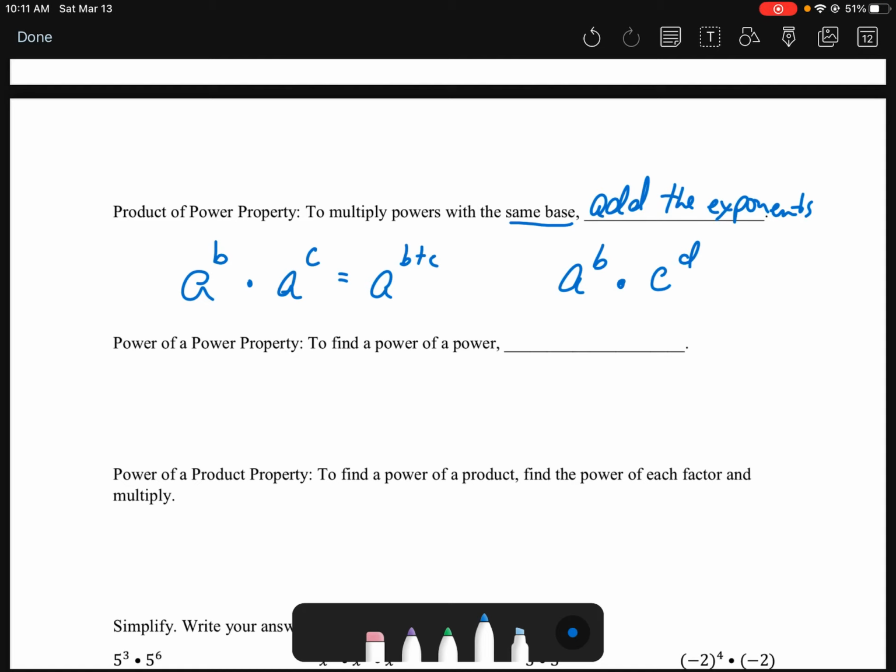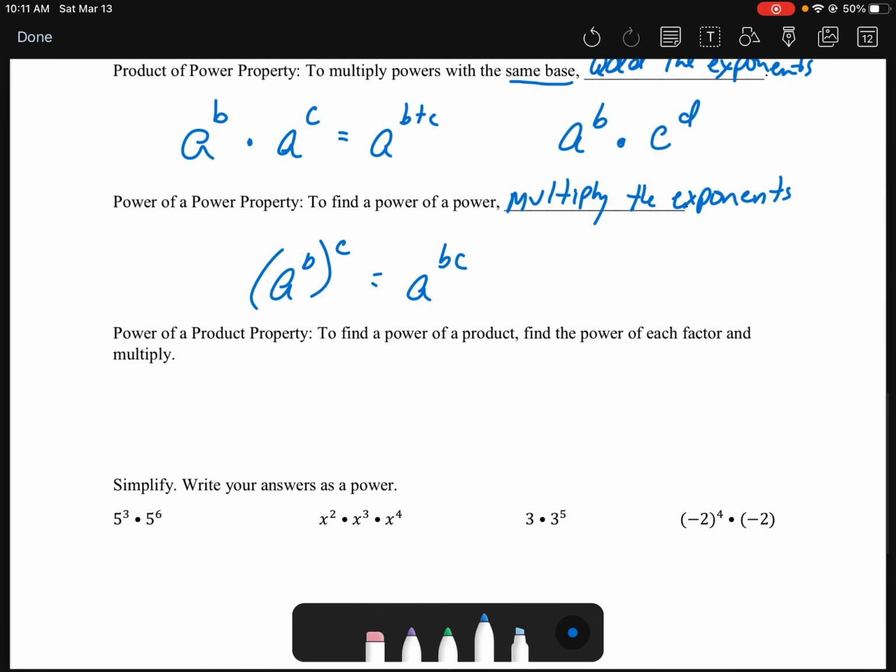For the power of a power property, to find a power of a power, you must multiply the exponents. So for example, if I had a to the b raised to the c power, that is the same thing as a to the bc. I'm just going to take the two exponents and multiply them together. Another property is the power of a product property.